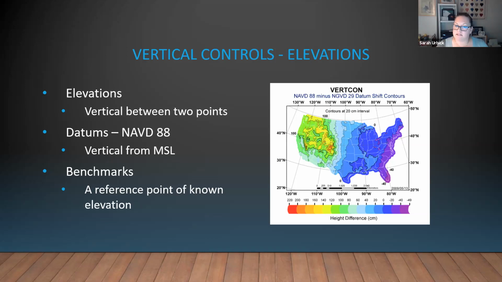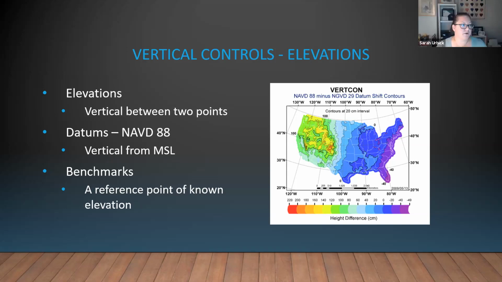Not to bring politics into it, but they started out doing this in 1929. In 1988, the oceans had risen by about 2.5 feet. That means our mean sea level changed. So our whole datum then moved. So they've come out with new versions periodically.